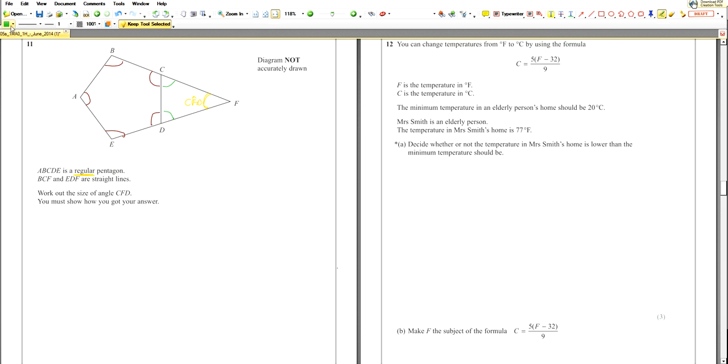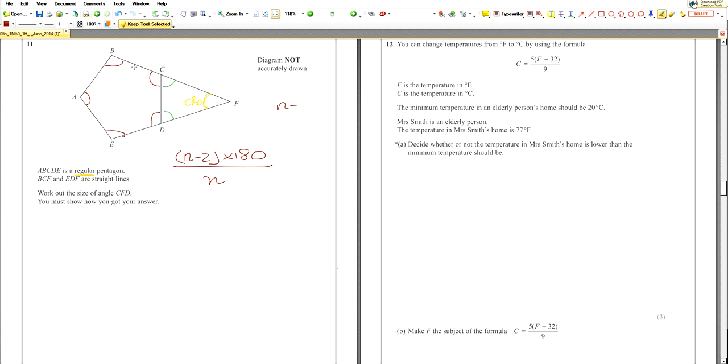So let's try and keep the color code running. So we had that one. So how do we work out one internal angle of a regular polygon? What formula do we use? We use the formula n minus 2 times by 180 divided by n. That's one way of doing it. Not the only way of doing it. Where n is the number of sides.